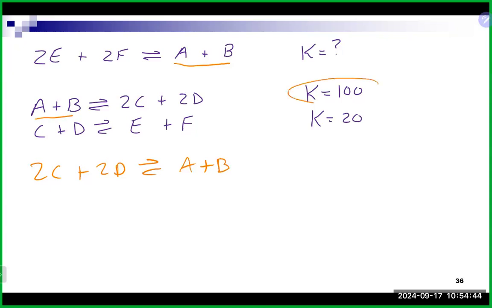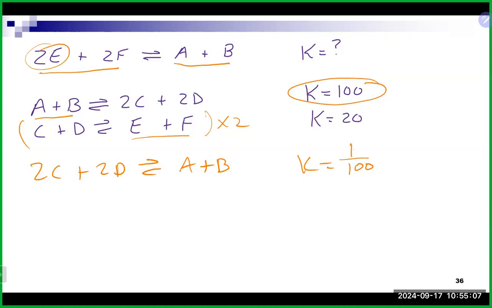When I reverse the reaction, that means my K is now going to be 1 over the K. Again, not negative, so we take the inverse of it. Now I also need to get E and F to the other side, and there are 2 E's. So in addition, I also need to reverse it and multiply it by 2.